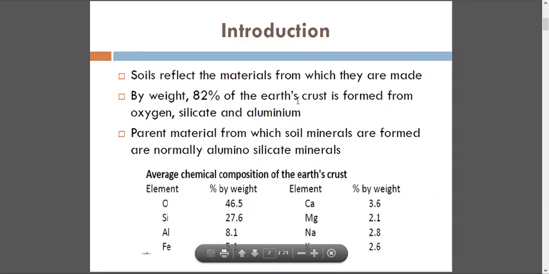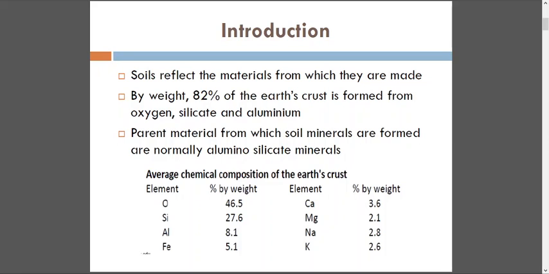We will start with a brief introduction, and in the introduction we see that soils reflect the materials from which they are made. By weight, approximately 82% of the Earth's crust is formed from oxygen, silicon, and aluminium. And this is mainly because the parent materials from which the soil minerals are formed are normally alumino-silicate minerals.